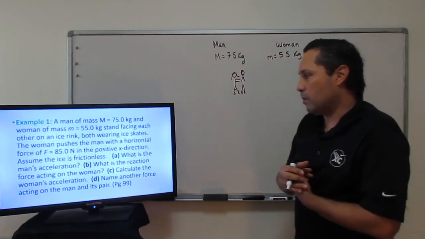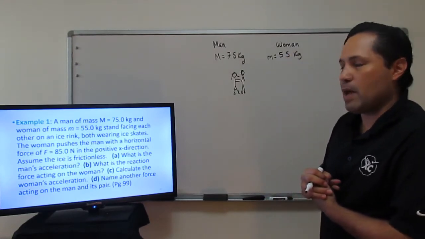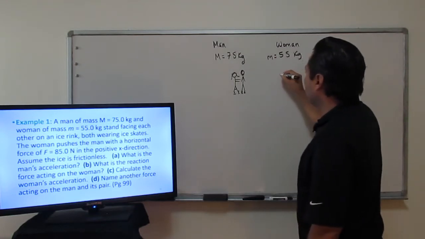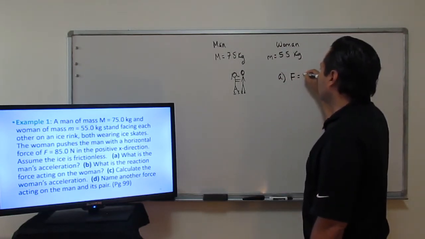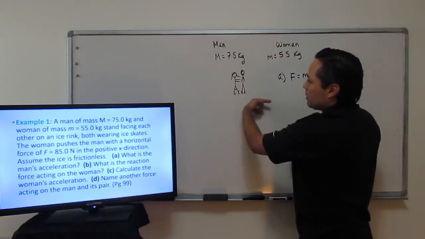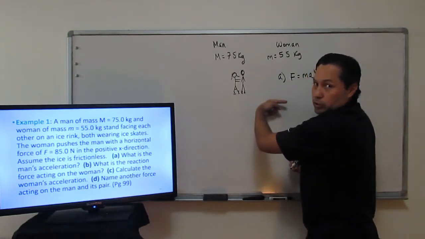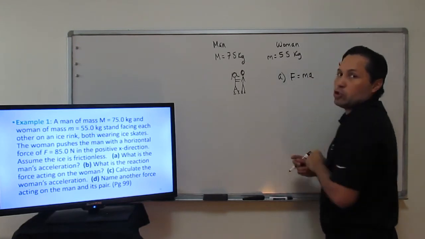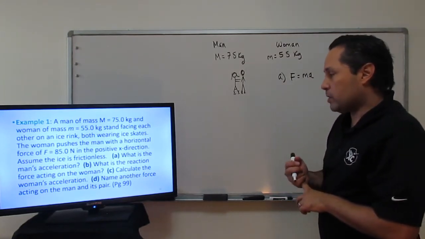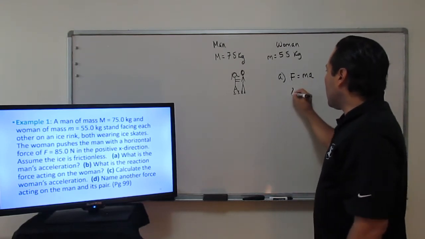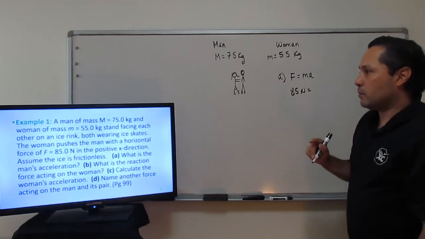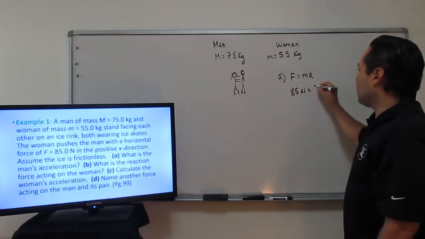Alright, so again, part A, what is the acceleration of the man? For part A we're going to use this formula right here: force equals mass times acceleration. Now, she pushed in the positive direction. He is accelerating towards the right, so his acceleration should be positive. The force that was applied on him was 85 newtons, and the mass of the man is 75 kilograms.